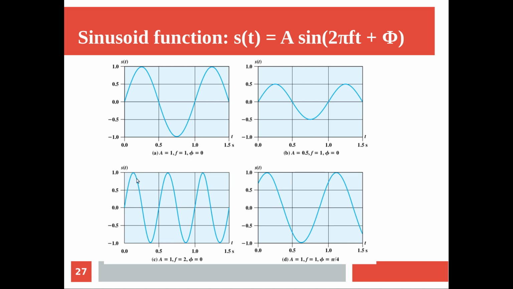Here you have frequency equal to 2 because it repeats the cycle 2 times in 1 second. Here again frequency is equal to 1. And regarding amplitude, this signal has amplitude 1 and here it is 0.5, here again 1, here again 1.